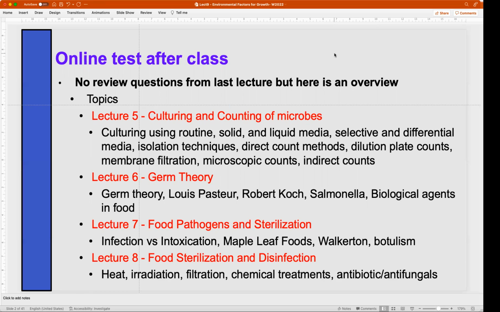The boiled beef experiment, which I asked you to remember, and Robert Koch's 4 postulates. Koch's postulates show how to prove that an animal is actually getting poisoned by a microbe, how to recover that microbe, and how to pass it to another animal to prove that that's the microbe that caused the disease.